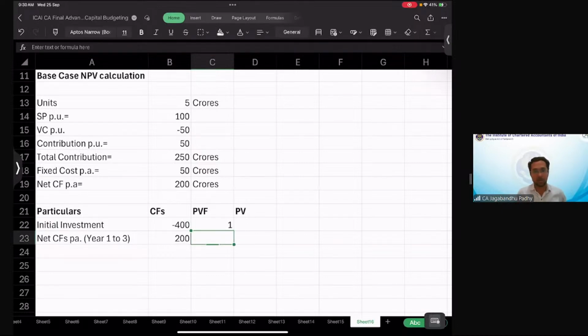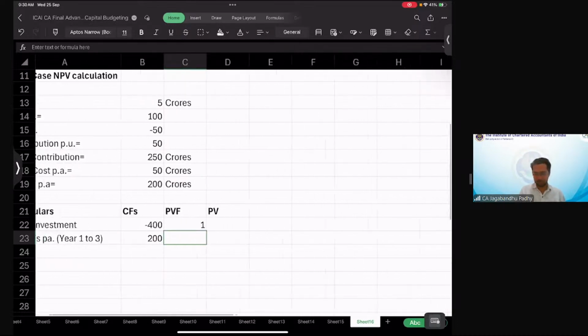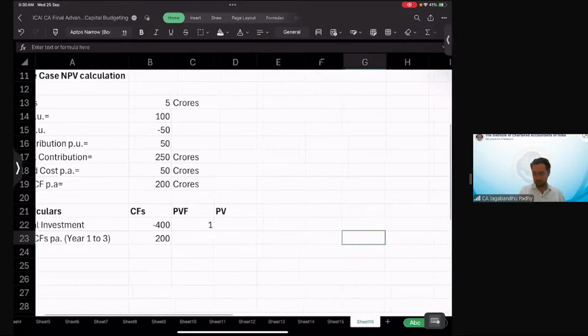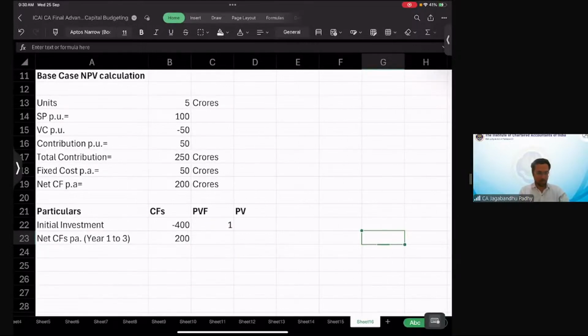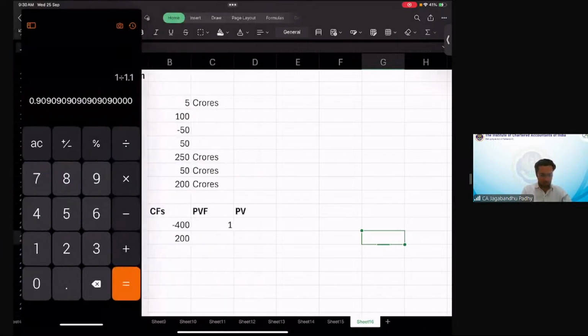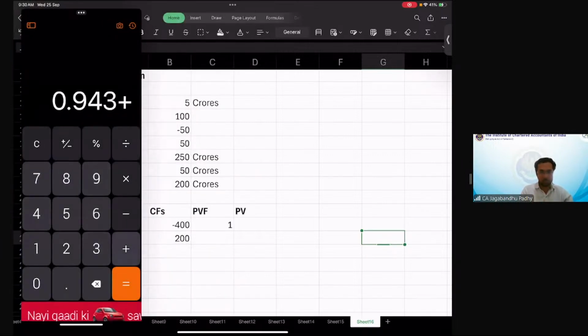And for the 3 years, I need to just add 0.943 plus 0.890 plus 0.840.